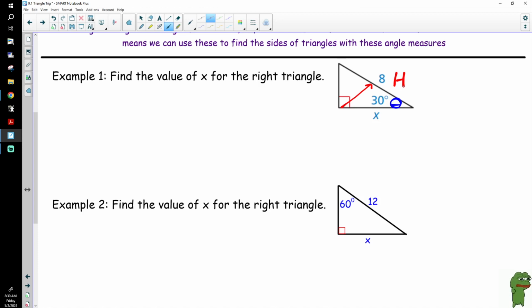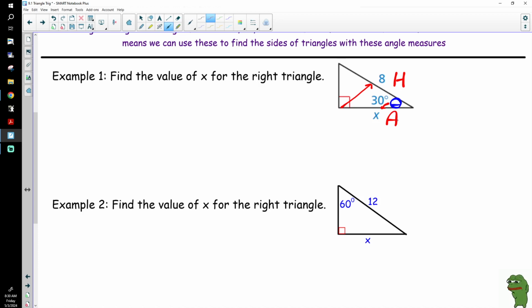In this case, because x is right next to the theta, that side is touching our angle. That means this is the adjacent side, so I'm going to write an A for adjacent. Our opposite side is the side all the way across from the theta, but because that's not in this problem, we're not going to worry about writing it down. So we have our theta, our hypotenuse, and our adjacent. That's everything I know, and you should start every problem by writing down what you know.